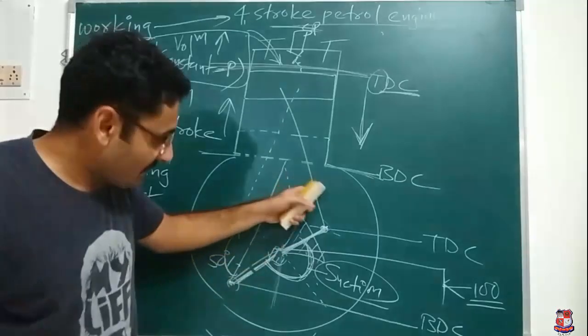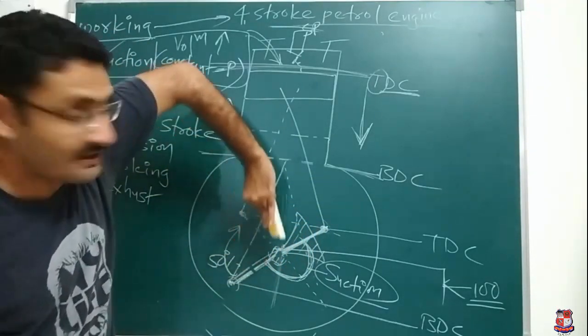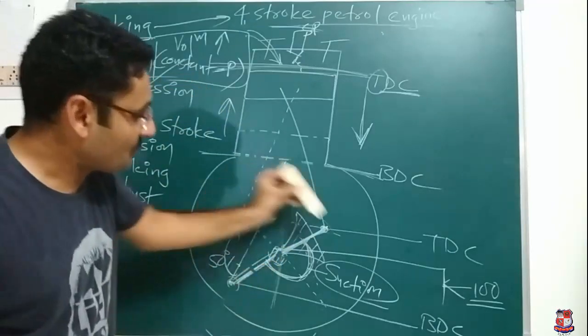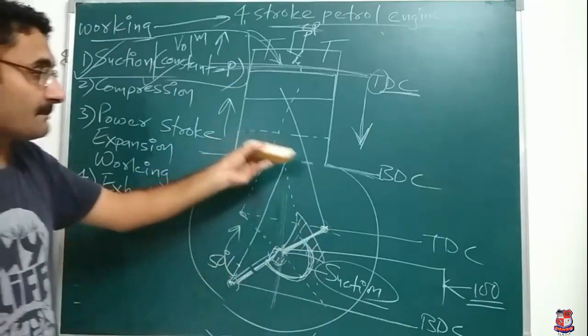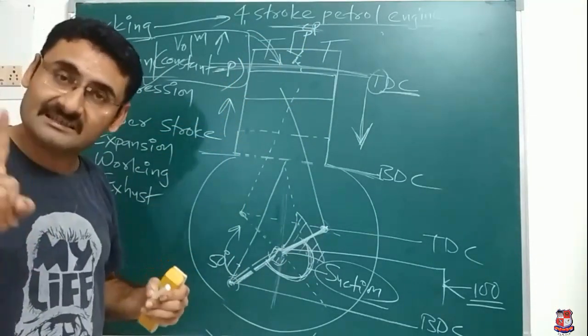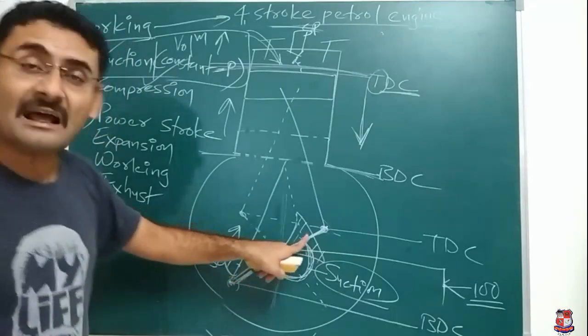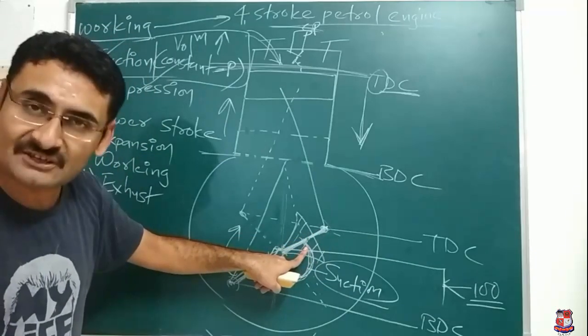So over here, once the crank has completed its half rotation, after that the crank has some moment of inertia, so that it will keep continuous motion, and the crank will travel from TDC to BDC to TDC, so that the piston will travel from BDC to TDC. Clear about these two things? First thing what I said, flywheel. When you apply the kick, on TDC you are supplying 100% energy to the flywheel.